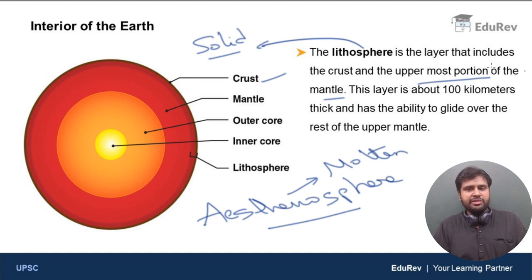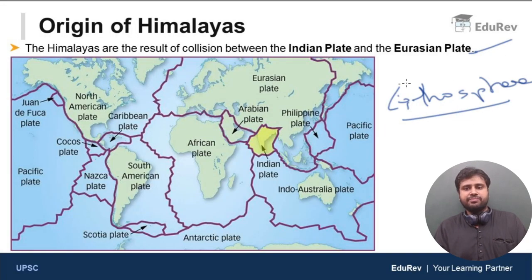Starting from the surface, the first 100 kilometers is lithosphere, and the lithosphere is solid. Beneath the lithosphere, you have a layer of molten material which is called the asthenosphere. Clear? Now, let us come back to this.